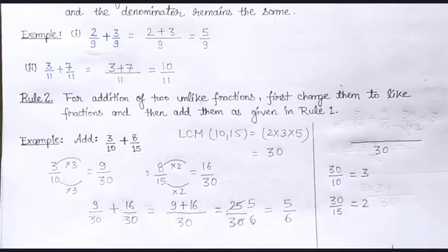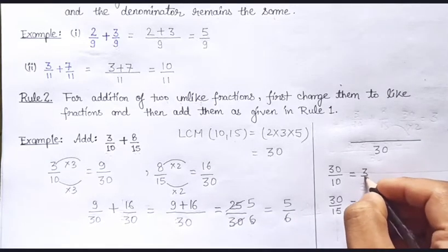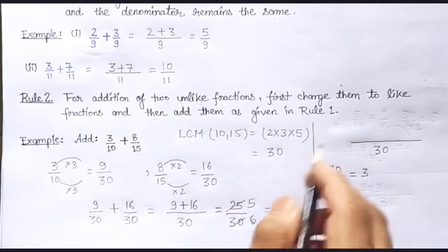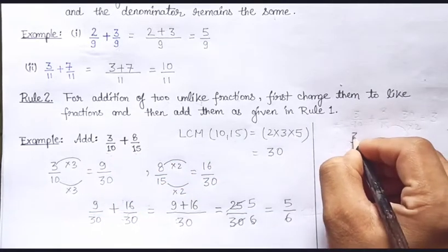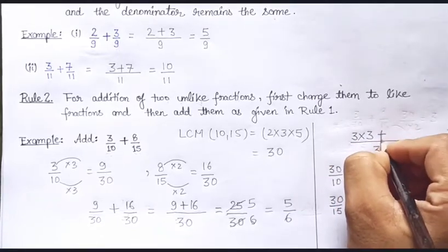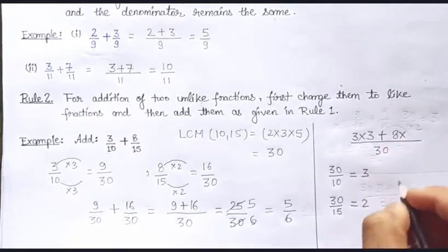Now what do we have to put in the numerator? In the numerator we have to multiply this quotient with the numerator of the given fraction. That is, we don't put 3 here, we put 3 into the quotient, that is 3, plus here 8 into the quotient, that is 2.